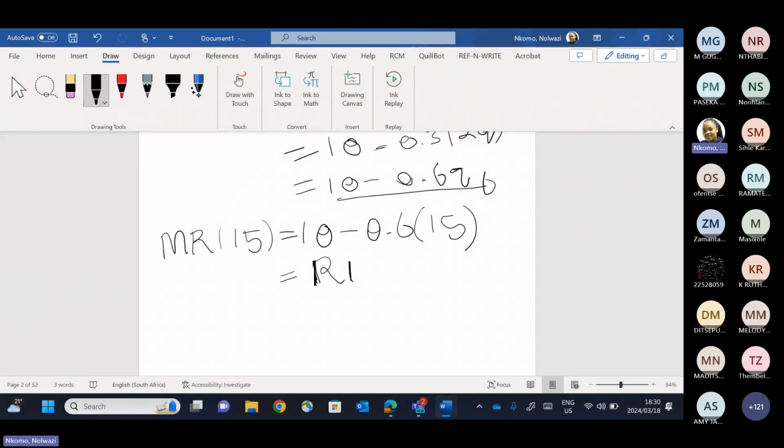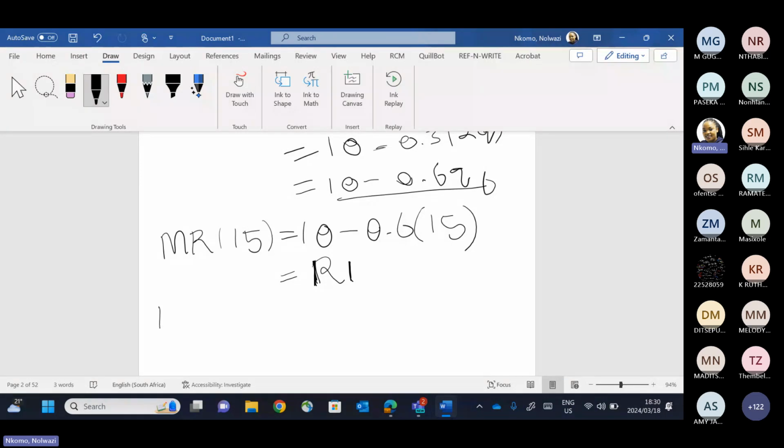If you were asked to find the marginal revenue of the 11th unit to be sold, how much additional income are we going to get after selling 10 units?